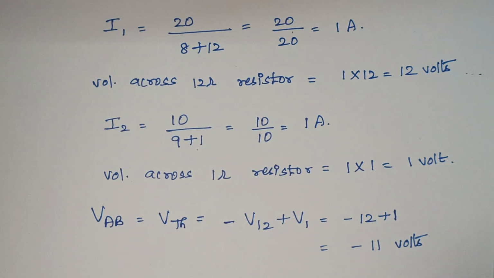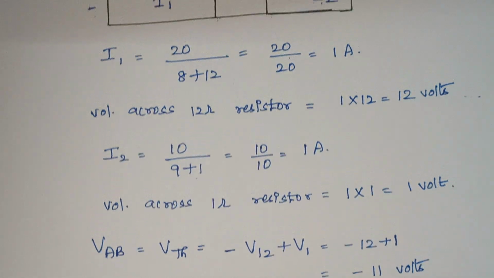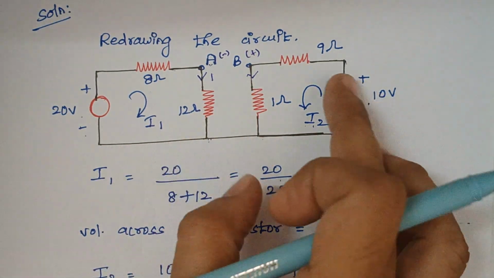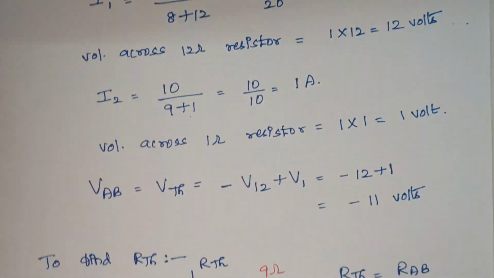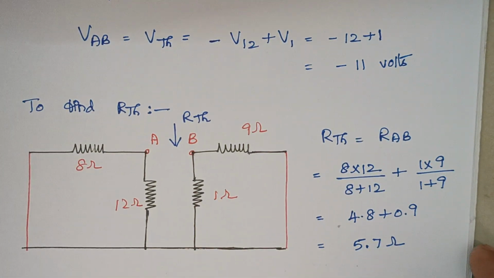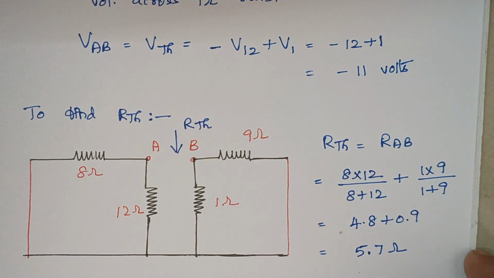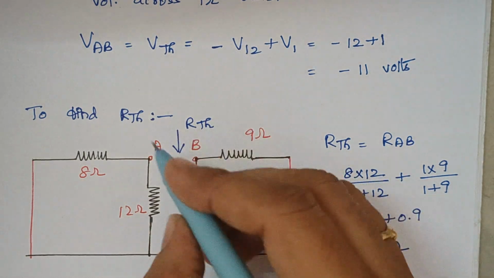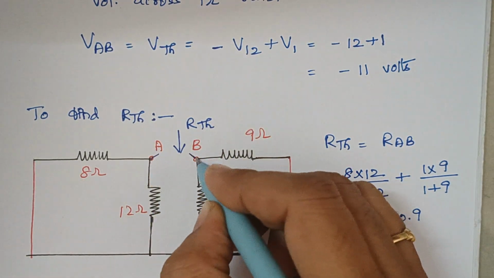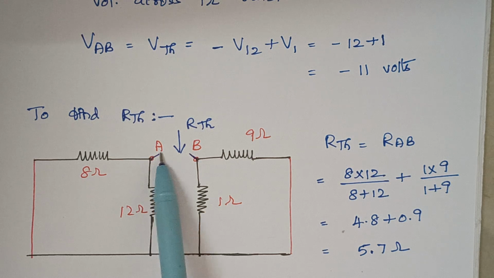Then the next thing is we need to calculate the R Thevenin. So how to calculate the R Thevenin? We have to remove the voltage source. When you remove the voltage source, our circuit looks like this. Again you are looking back, and when you look back, you see these are the terminals.